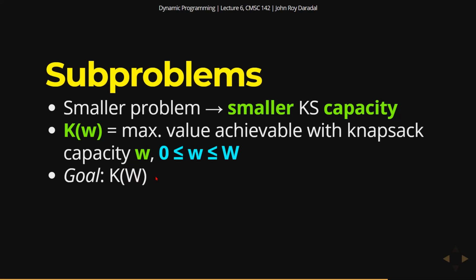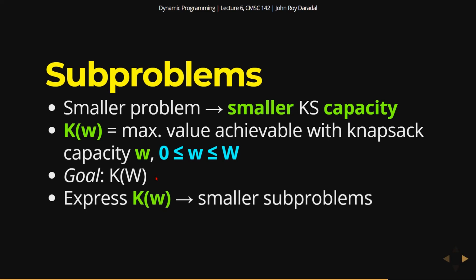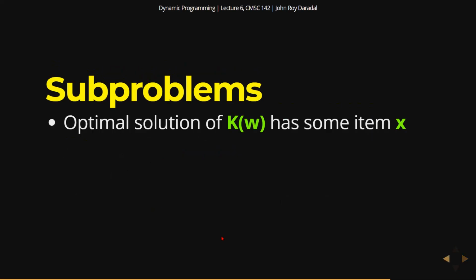Now, what we'll do next is try to express this K of w in terms of smaller subproblems. Remember, we have to recursively define the subproblems in terms of even smaller subproblems, so that we could do the recurrence relation. To do that, imagine that we have the optimal solution for this capacity W. Whatever this capacity is, there's an optimal solution for that, and there is some item X in that solution.